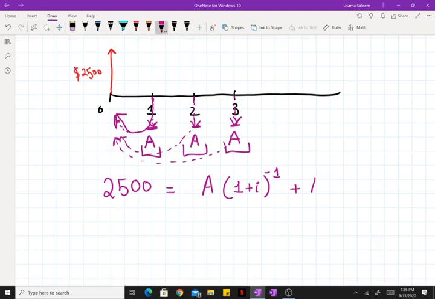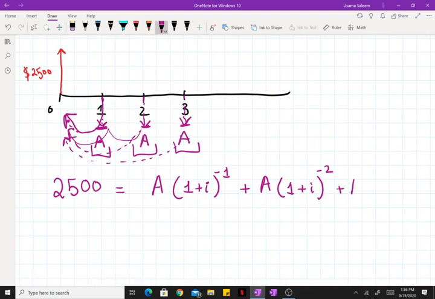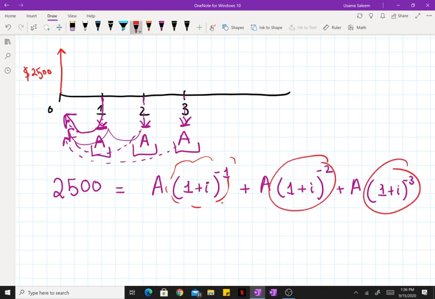And for A the next year, it's going to be (1 plus i) raised to the power negative 2, since you have to take it back 2 years. And the third one is going to be (1 plus i) raised to the power negative 3. These terms right here are known as the discount factor.